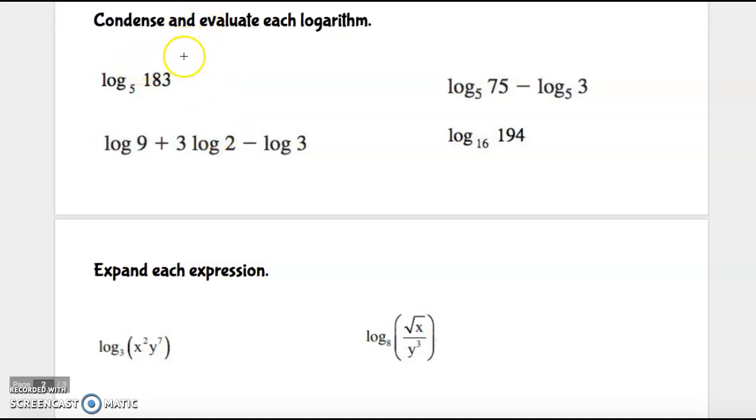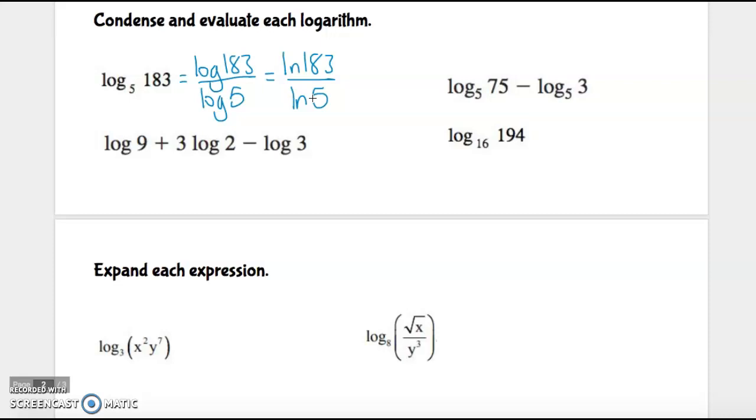To calculate this, another way of doing it is writing log of 183 over log of 5, using the common log, which has base 10. We don't write a base for it, but you can write 10 if you really want to. Or you can use natural log in your calculator: natural log of 183 divided by natural log of 5. I prefer natural log.